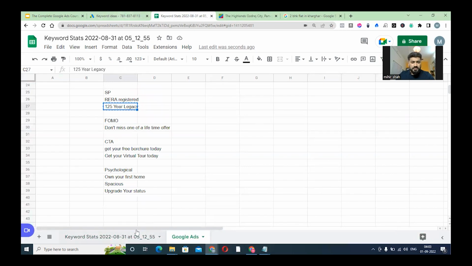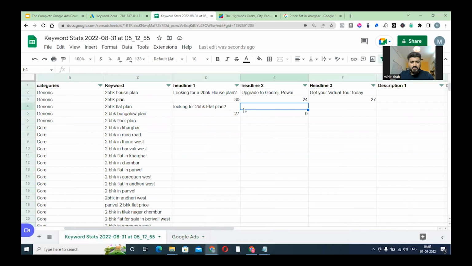So what I will do is pick this thing, join the legacy. Join the 125-year Godrej legacy.